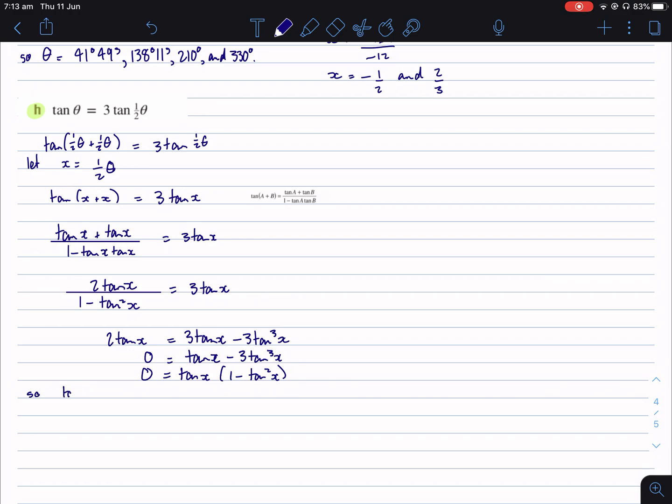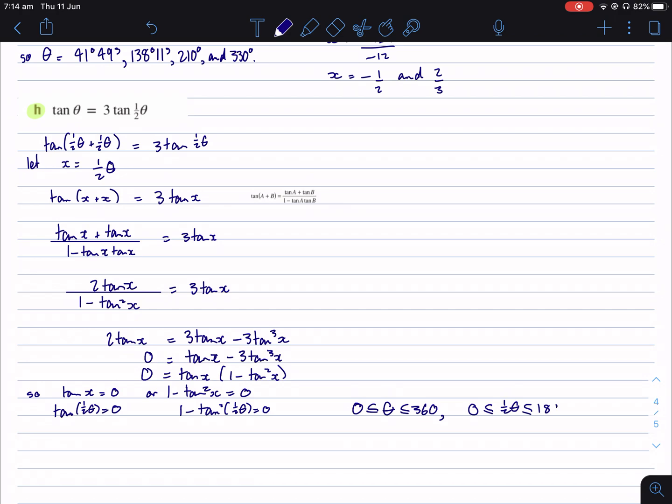So tan x equals 0 or 1 minus tan squared x equals 0. I'm going to now replace it with half theta. So because we've got half theta, because we start off with 0 to 360 for theta, we now want 0 to 180 for half theta.